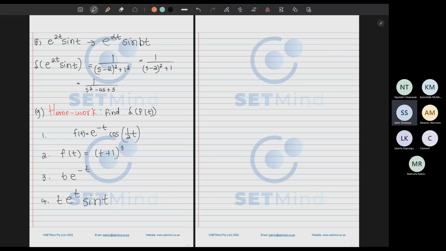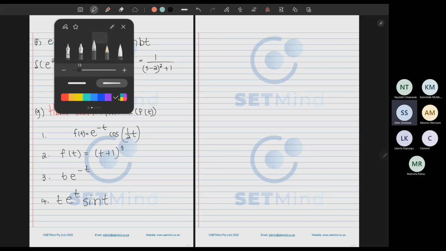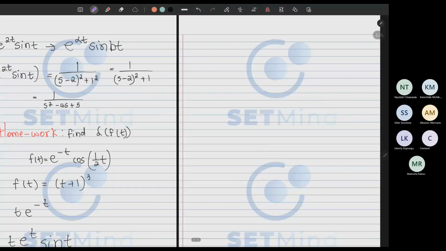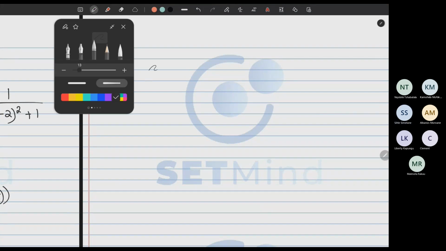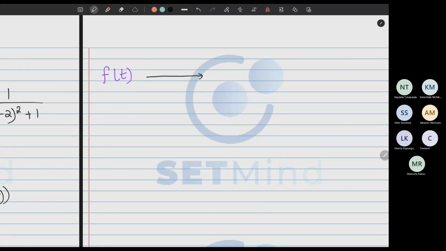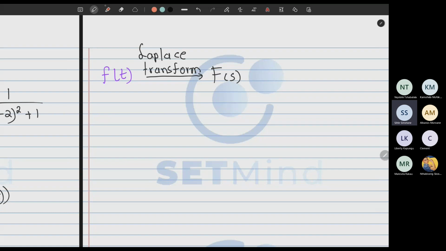Right. So what we were doing here is actually, if you remember, we have f of t, because we said the ultimate goal is to solve differential equations. And you just transform to f of s. This is the Laplace transform. And then at some point, you will need to reverse back to f of t.